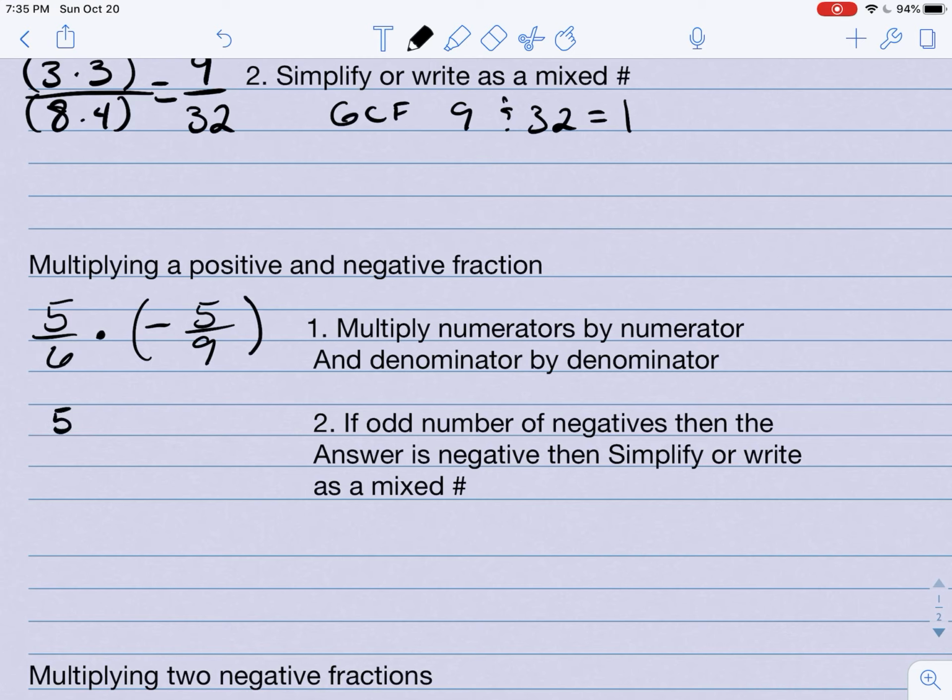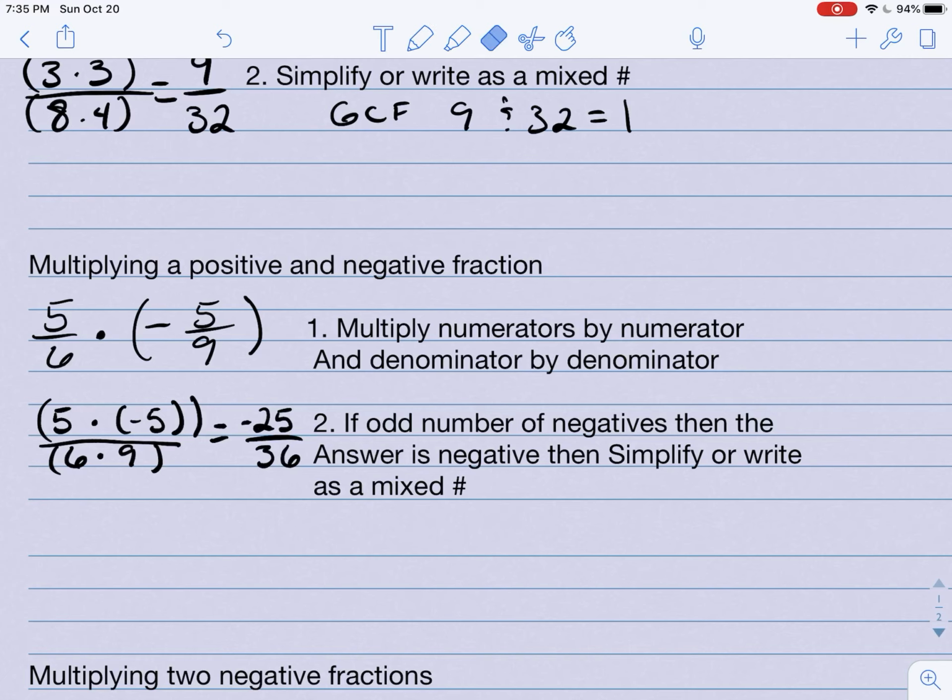You're going to take our top numbers, 5 times a negative 5, multiply them together, and then our denominator, 6 times 9. So 5 times negative 5 is going to give us a negative 25.